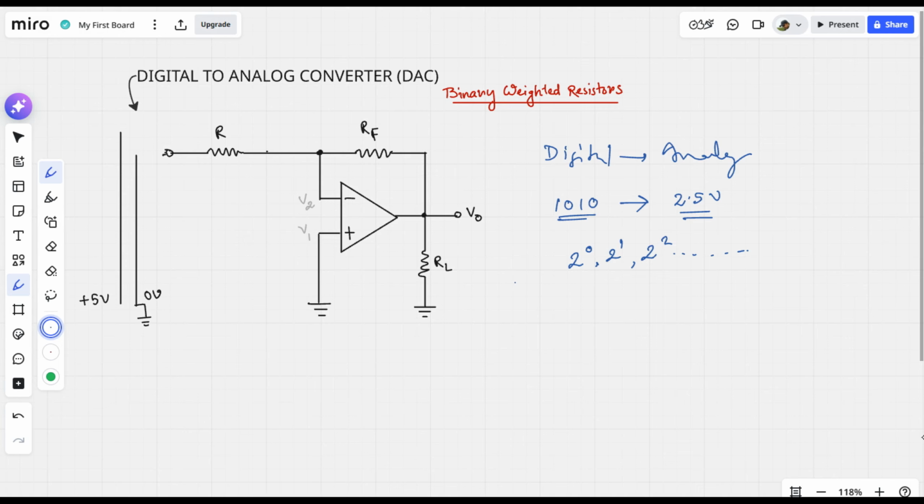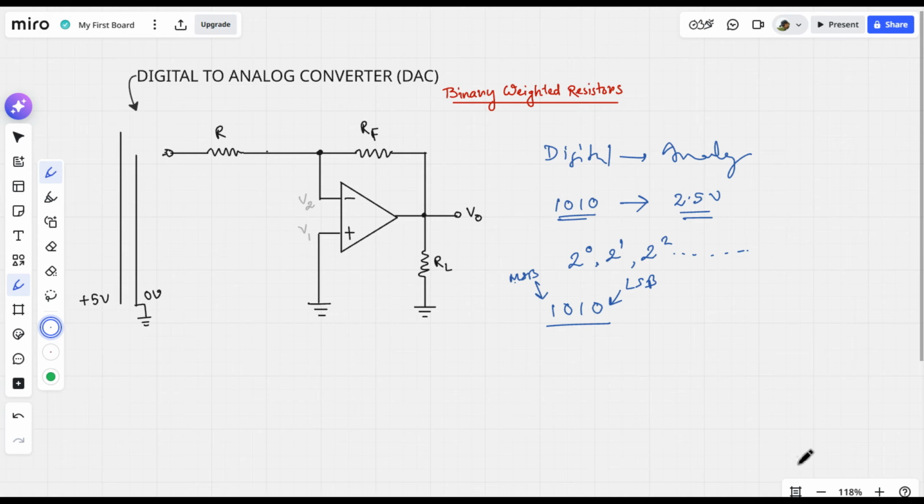In a digital sequence, the leftmost bit represents the MSB and the rightmost bit represents the LSB. The MSB has the highest contribution, while the LSB, the least significant bit, has the smallest contribution.